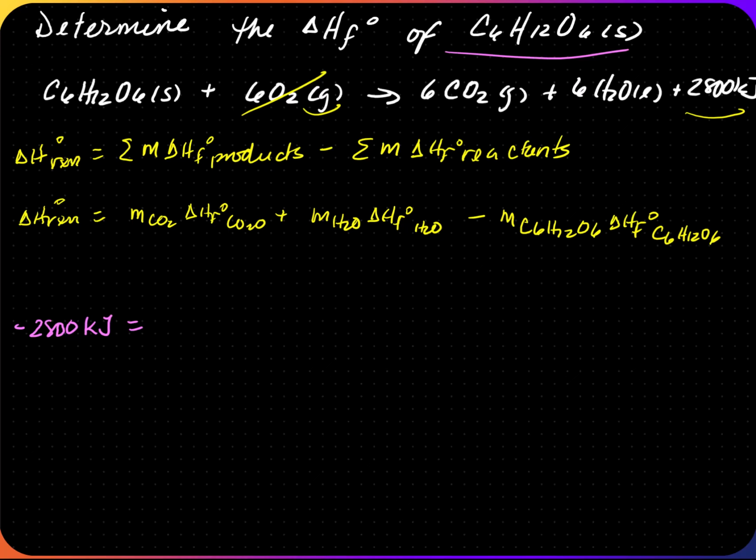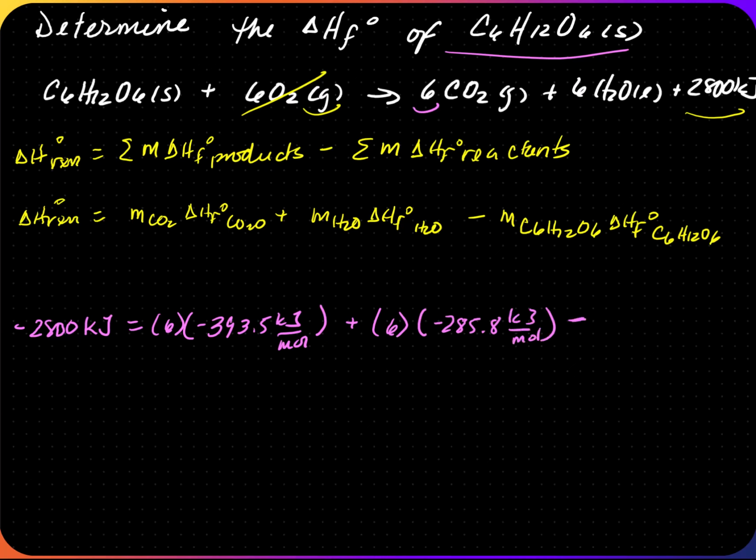The coefficient of CO2 is 6, so I put 6. The delta H_f is negative 393.5 kilojoules per mole. For the moles of water, there are 6 moles. The value for water is negative 285.8 kilojoules per mole, minus the moles of glucose, which is 1, times delta H_f° of C6H12O6.